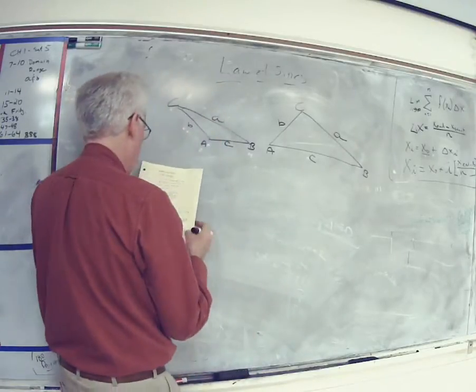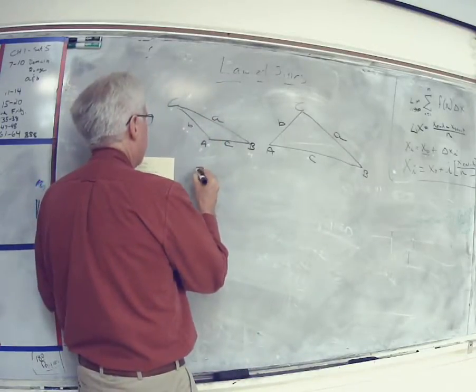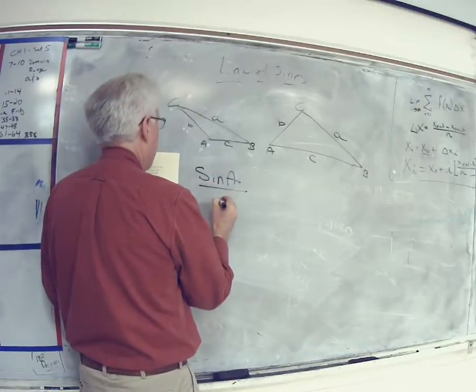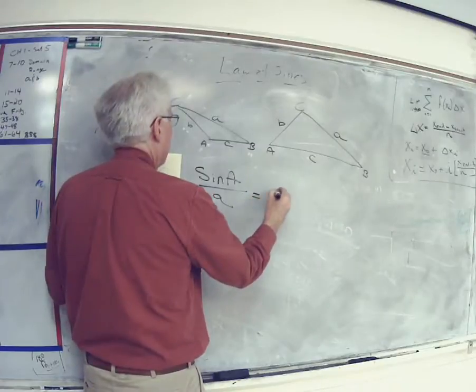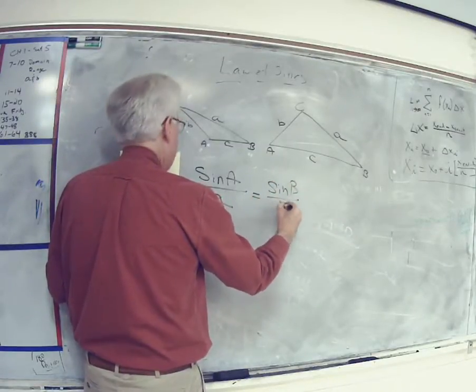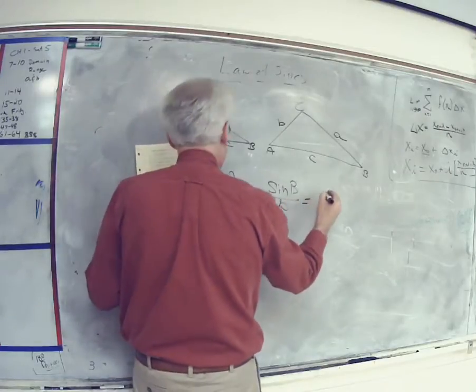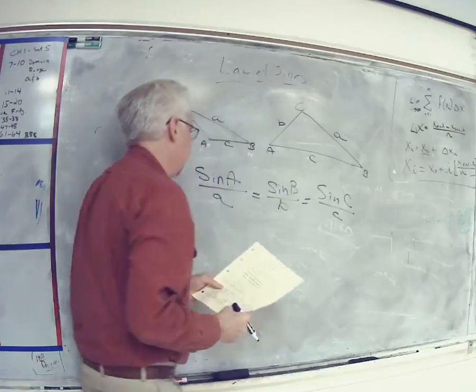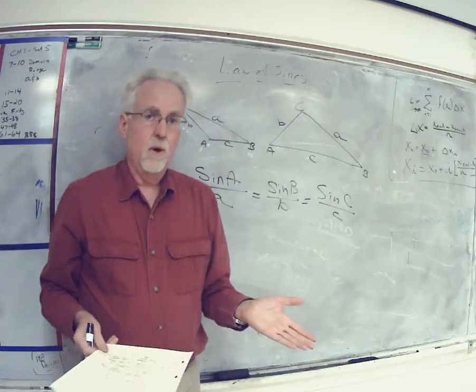This is what the law of sines is. You can say sine of angle A divided by side a is equal to sine of angle B over side b, which is equal to sine of angle C over side c. Then you just look at what they give you.